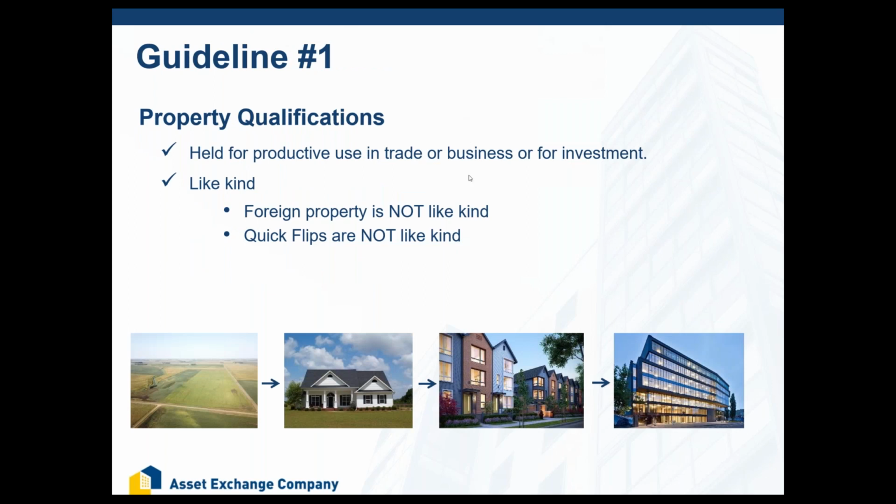Number one, make sure your property is qualified. Now, I talked about this in the beginning. You can only 1031 exchange investment or business use property. Foreign property doesn't qualify, and quick flips don't qualify. I also want to make sure that you've owned the property for 1 to 2 years. If you're in California, I want to see a 2-year hold because California is a little bit more aggressive with their auditing.